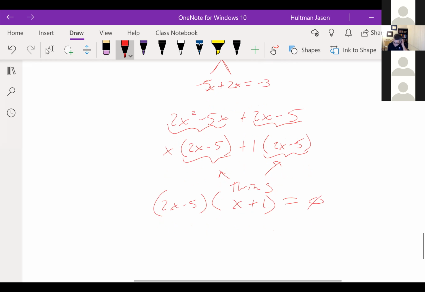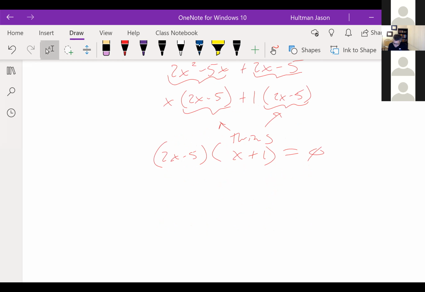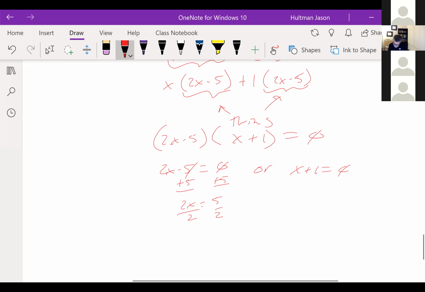Okay, so let's take 2x minus 5 and set that equal to 0, or x plus 1 is equal to 0. And so I'm going to add 5 to both sides and divide by 2. So x equals 2.5 here, or subtract 1, and I get x equals -1.